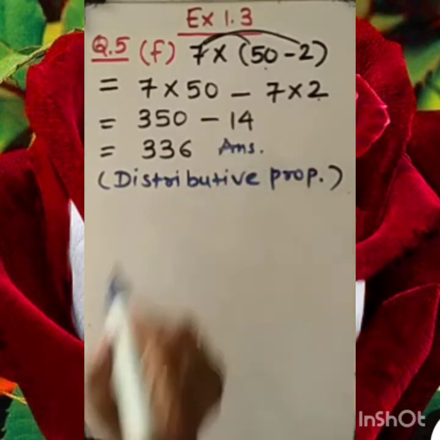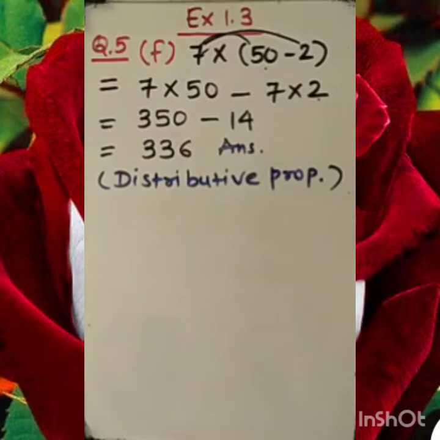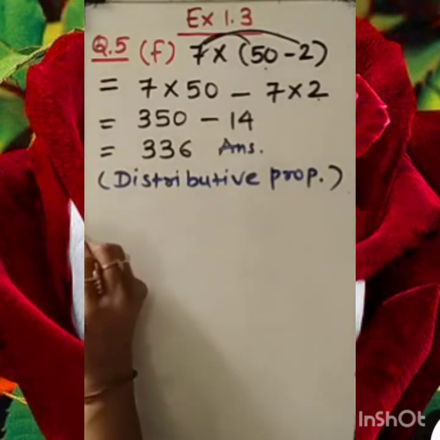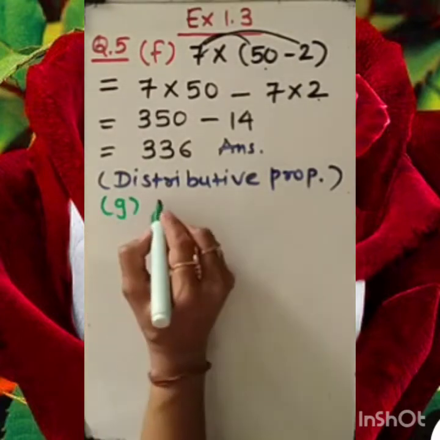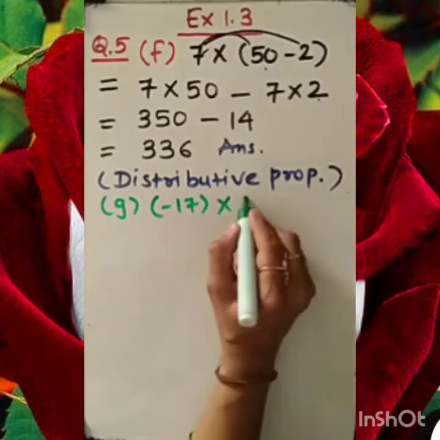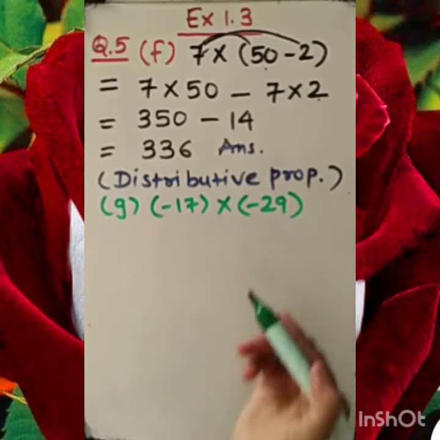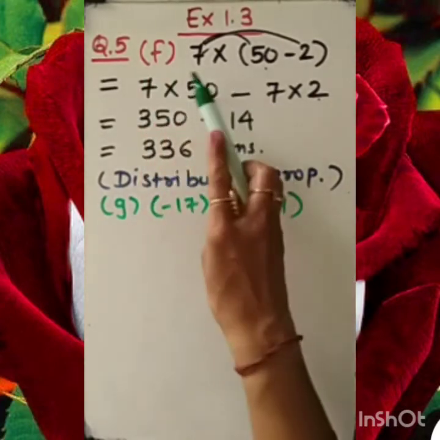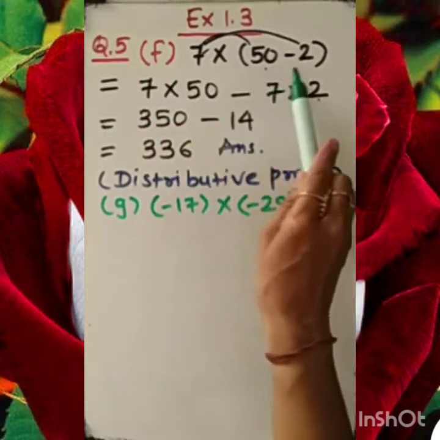Clear? Now the same procedure we can work out for the next. Here, see, in this what we have done: 7 into 50 minus 2.